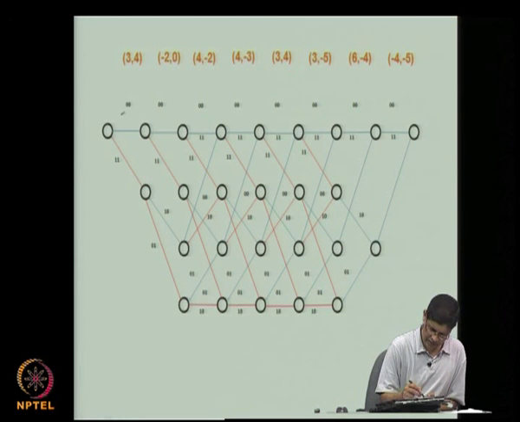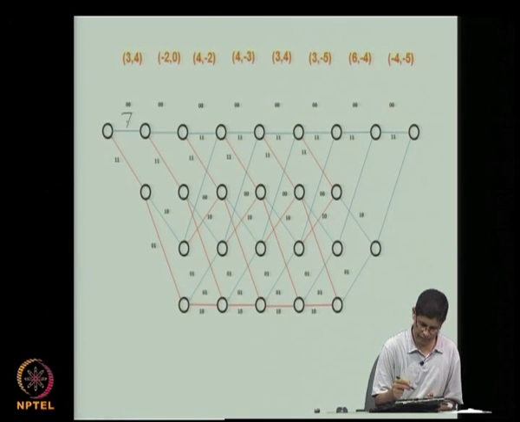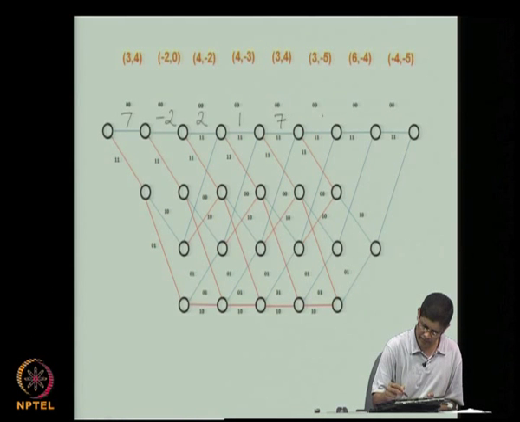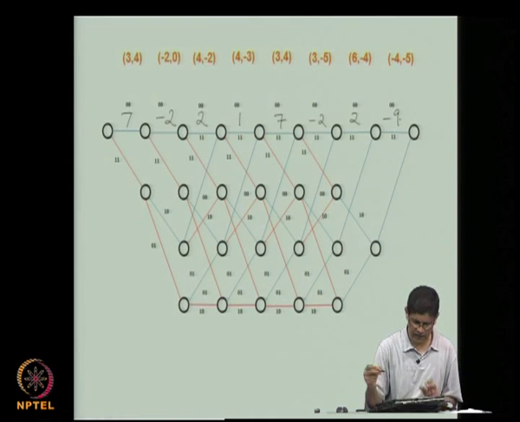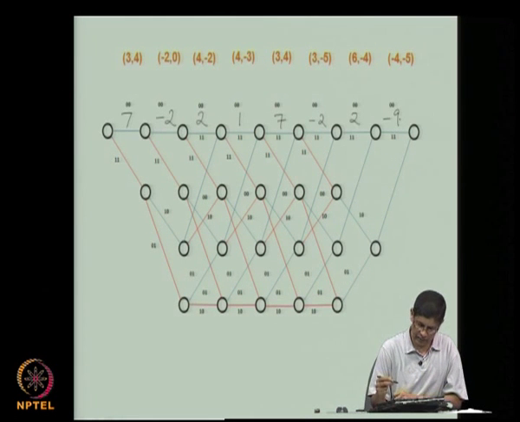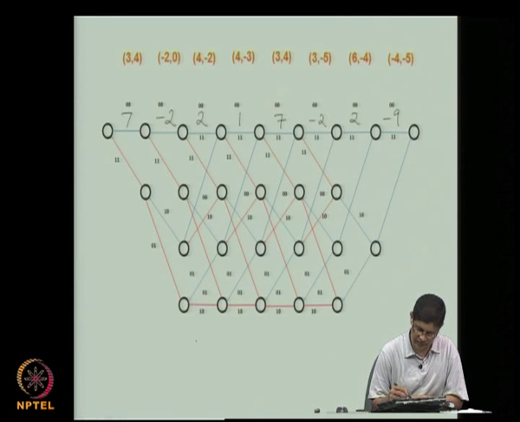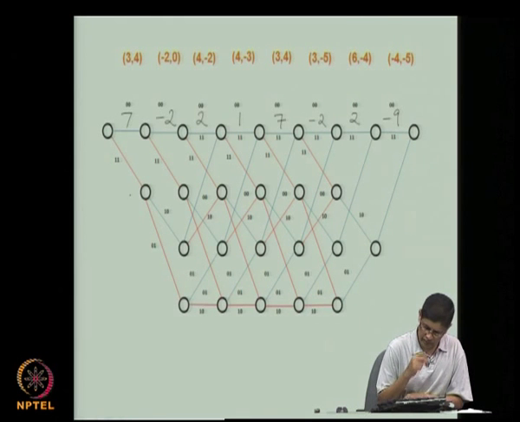So this is then 7, this is minus 2, 2, 1, 7, minus 2, 2, minus 9. And now I want to write down the corresponding numbers for all the branches in the trellis. Next let us look at the 1 1 branches.